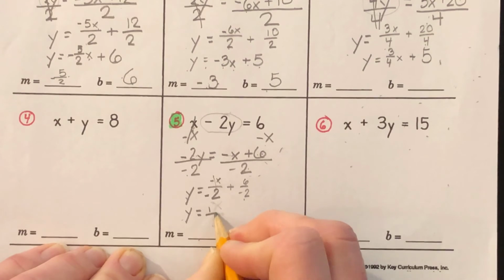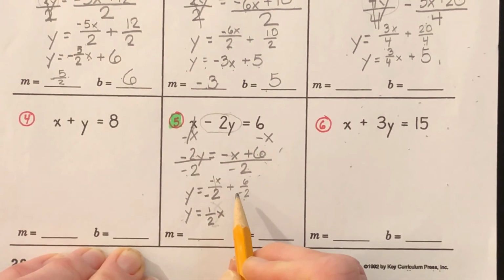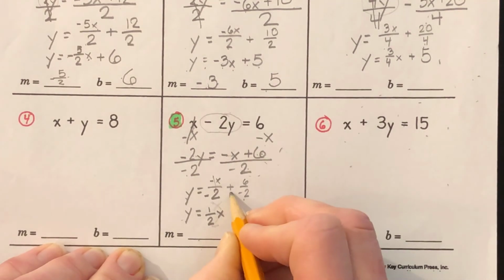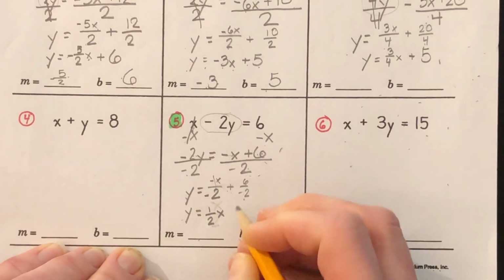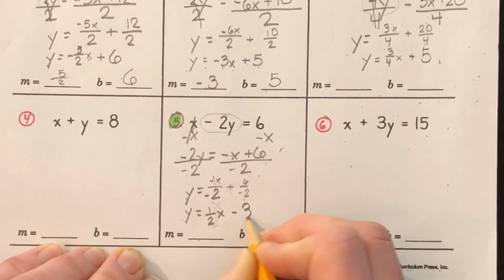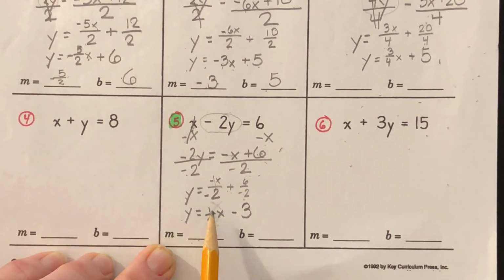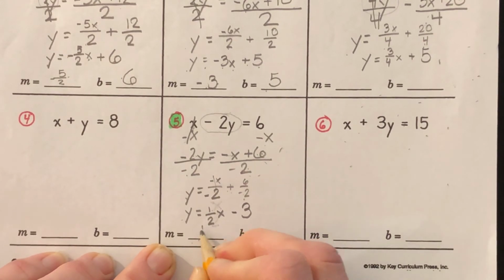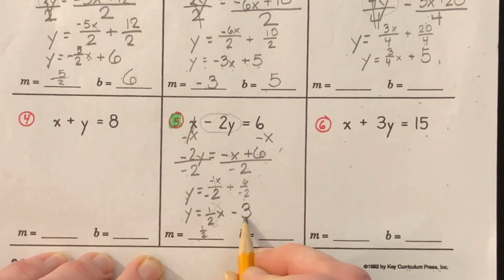We'll write 1/2 x. You pull the x away. This is going to be negative, so I could do plus negative 3, or I'm going to do minus 3. The slope is 1/2. The y-intercept is negative 3.